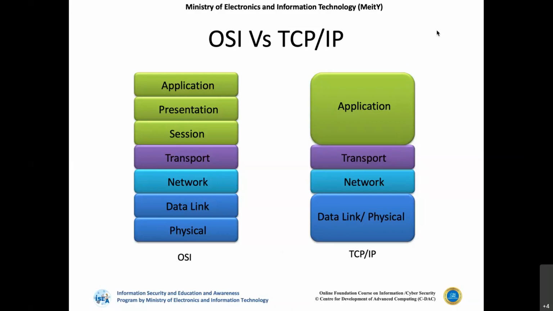Again, in the TCP/IP protocol suite these are converted into 4 layers, where the physical and data link are one layer, and some books say it's 5 layers, so we can make it 2 layers also, physical as well as data link.